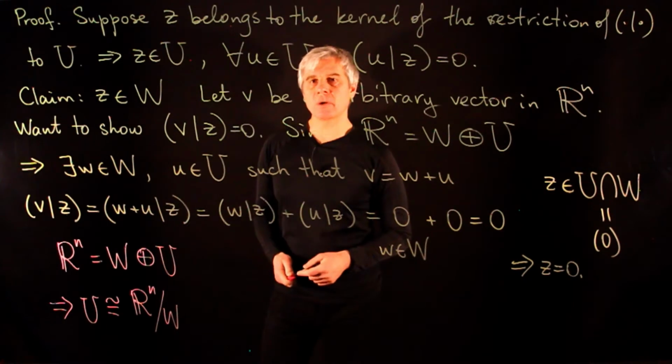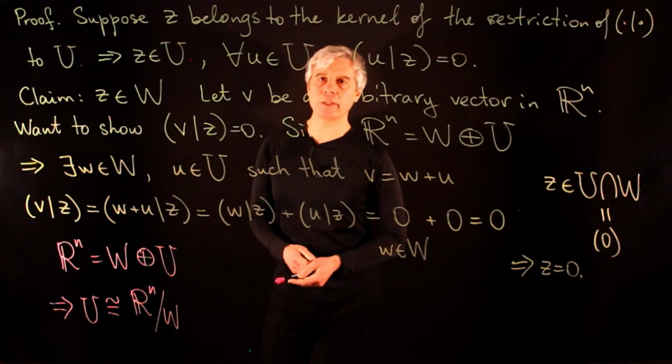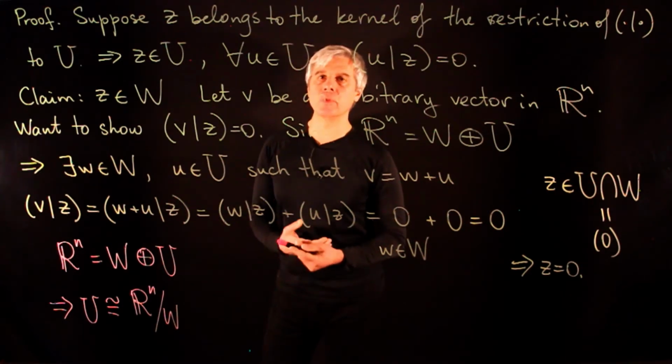These propositions also tell us that we can reduce the study of degenerate bilinear forms to the case of non-degenerate bilinear forms. Now we're going to return to the proof of the theorem that the signature of a bilinear form is invariant.